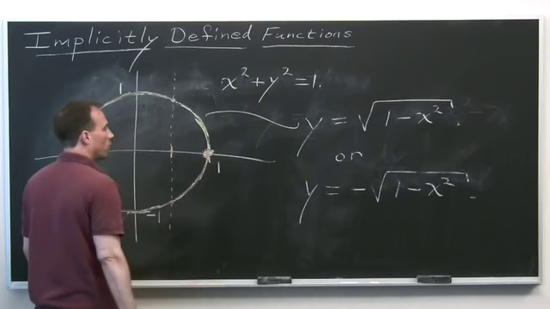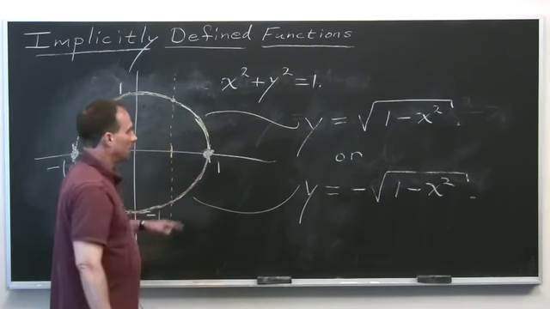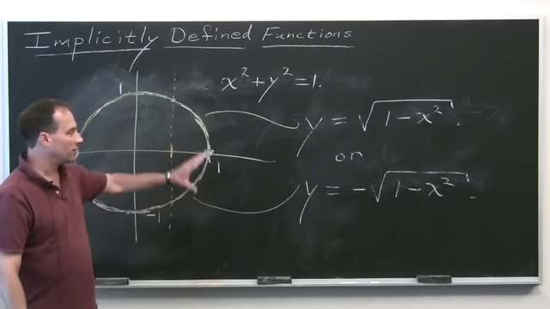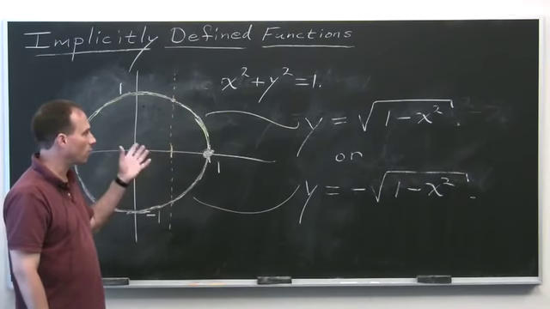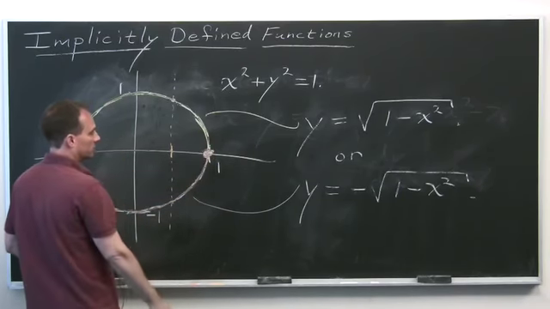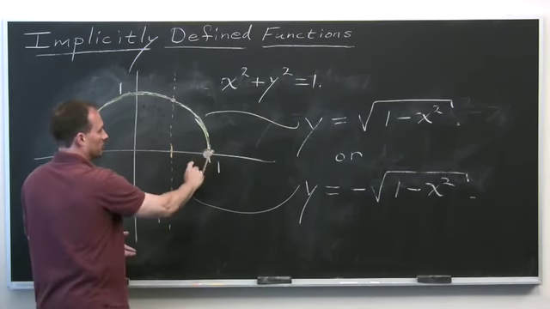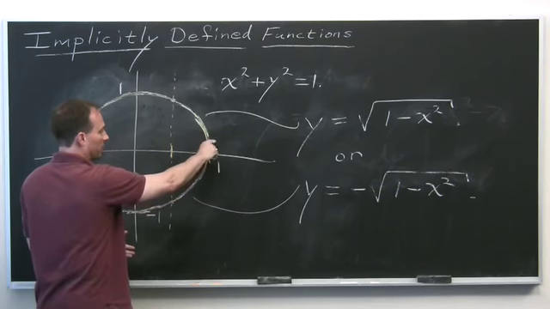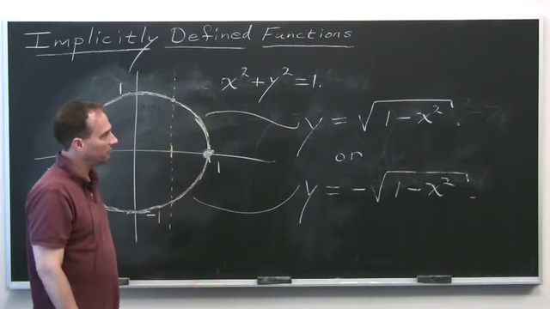So if you knew whether y was positive or negative, then it would tell you which one of these functions you're talking about. If you're told that y is 0 or y is close to 0, it's completely unclear. If you just knew that you were near where y is 0, well then part of the graph near there would be on the upper half and part would be on the lower half.